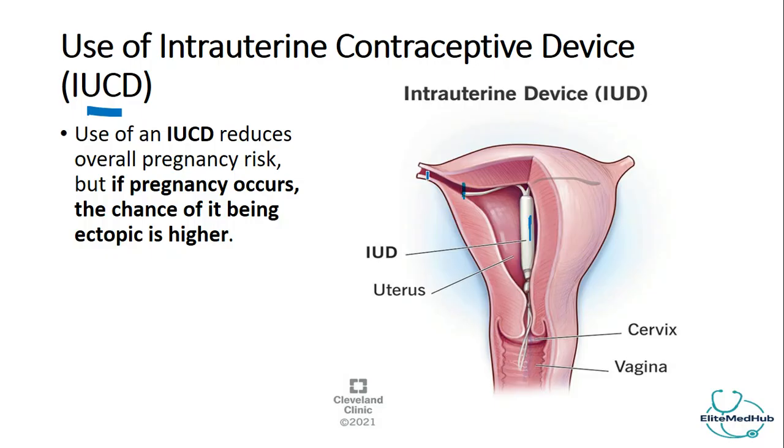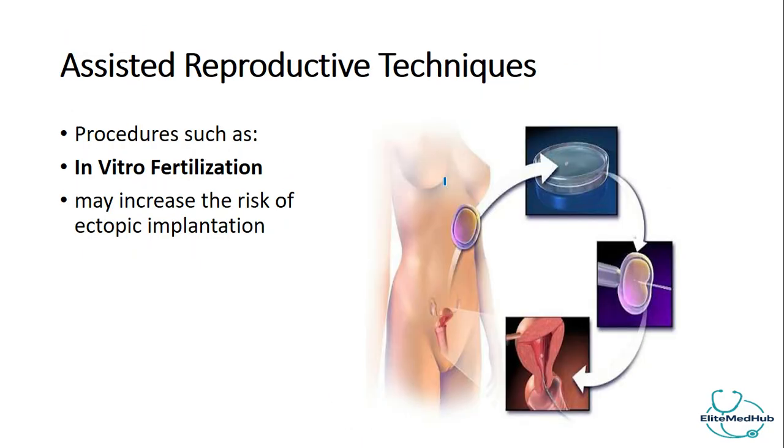Just imagine if there's a fertilized ovum trying to pass here into the uterus, it will likely stop at this level and become an ectopic pregnancy, though the chance of pregnancy occurring in the presence of an IUD device is rare.